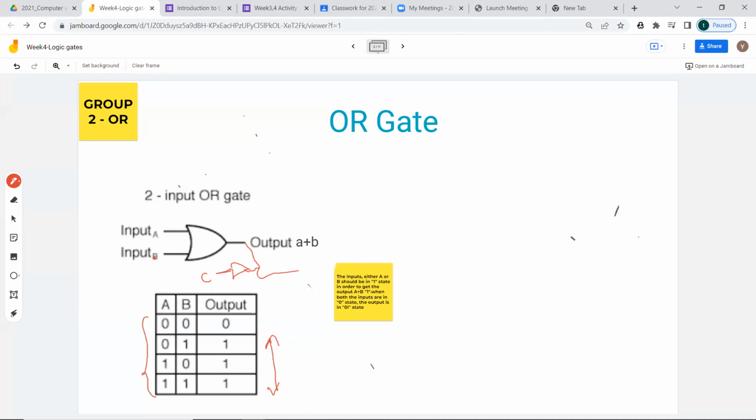If you have 3 entries, A, B, and C, then the total number of entries will be 2 to the power 3, that means 2 into 2 into 2. So remember that when you are drawing truth tables.